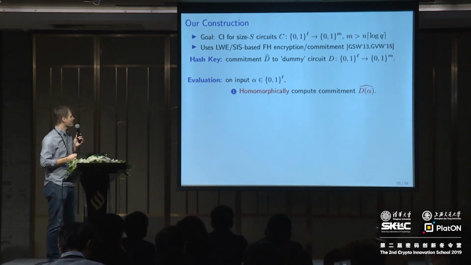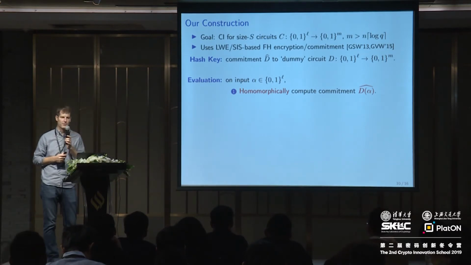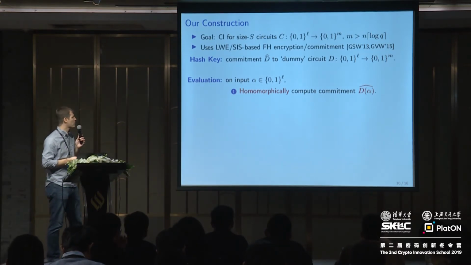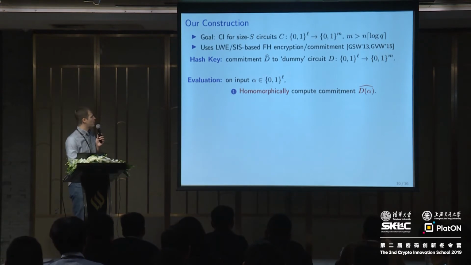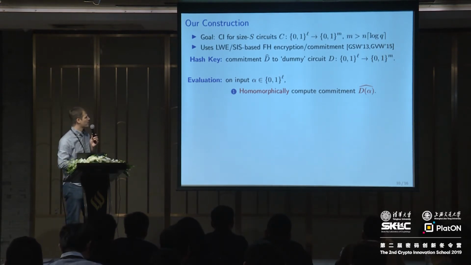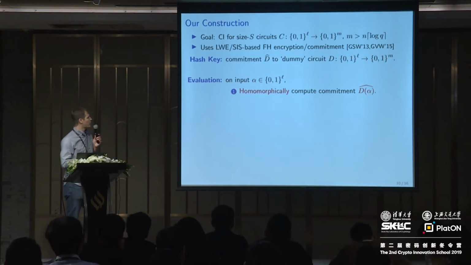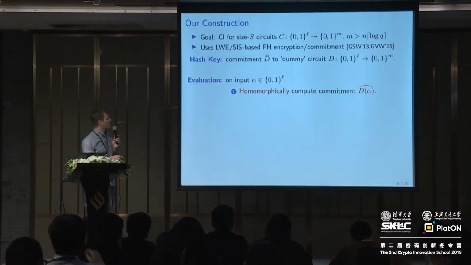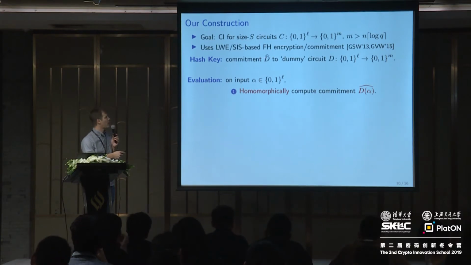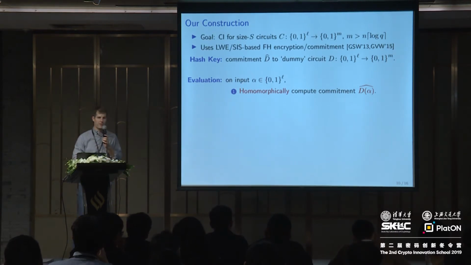Okay. So how do we evaluate the hash? To evaluate the hash function, we are given an input alpha, which is an L-bit string. And again, think of this as the prover's initial message, which we're going to hash to obtain the verifier's challenge. So the first step is that we take the commitment to the dummy circuit D, and we homomorphically evaluate that committed circuit on the string alpha.